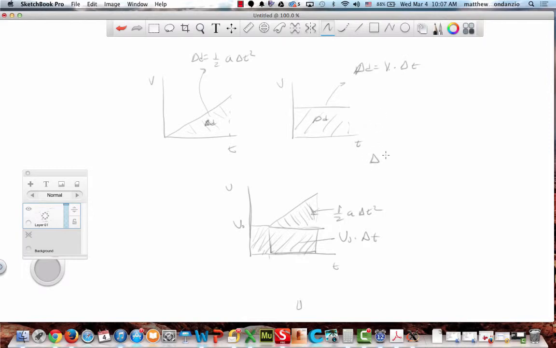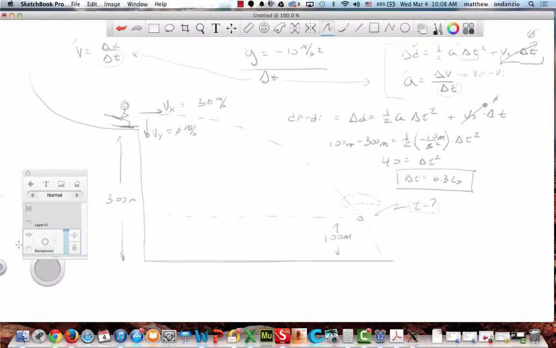So my total change in distance is, due to my acceleration, 1/2 a delta t squared, plus any distance I would have covered because of my initial velocity. Does that make sense? Courtney, you good? Any other questions on that? Okay. That's why there are those two terms.